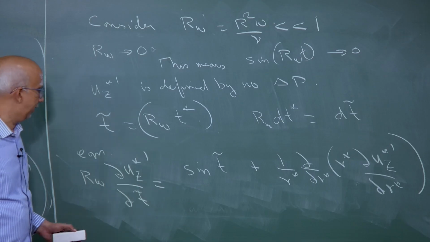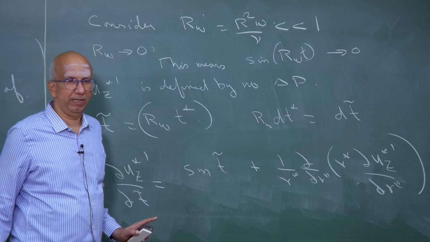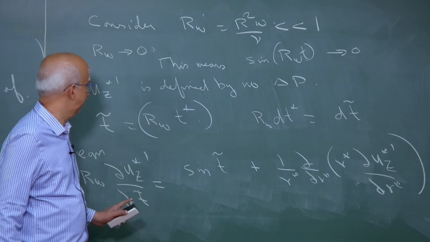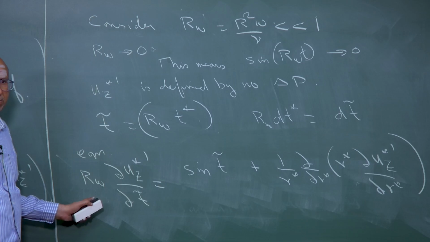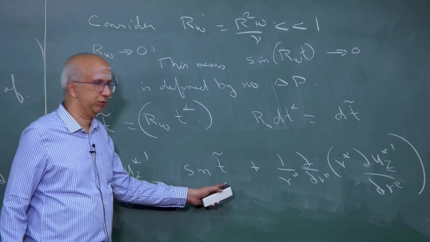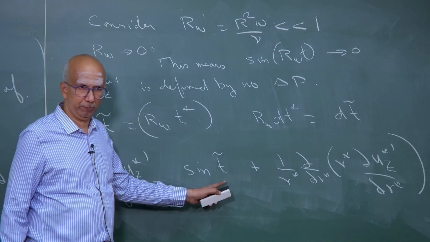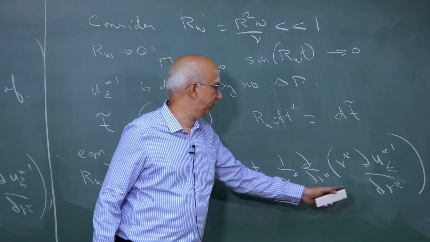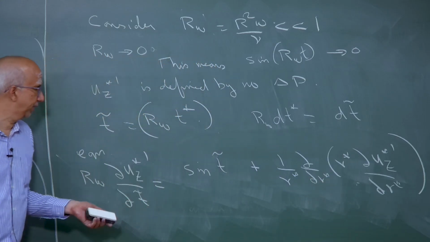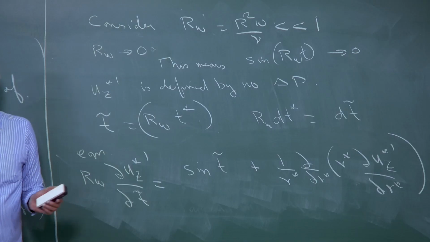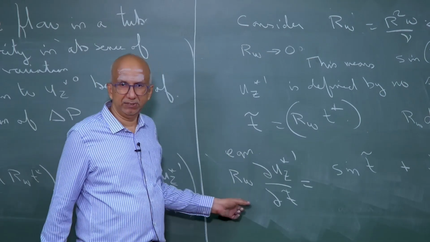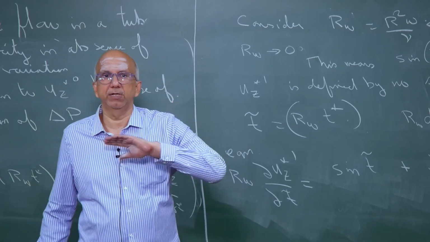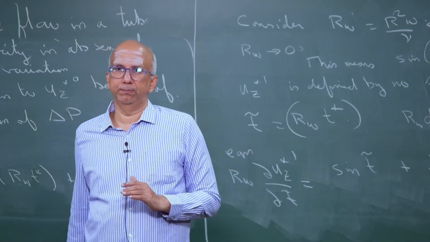Now, by doing this rescaling, the RW is coming with my time derivative. This term does not have RW anymore, my periodicity is retained, and I have the viscous term. So, again in this formulation with this new definition of dimensionless parameters, I can now in this equation look for the solution in the limit of RW going to 0.